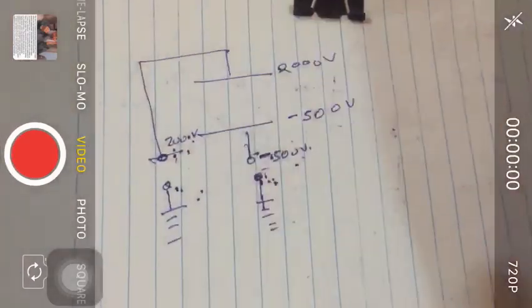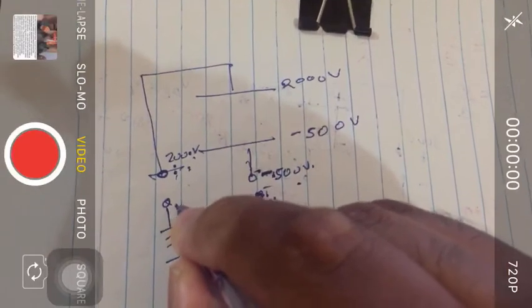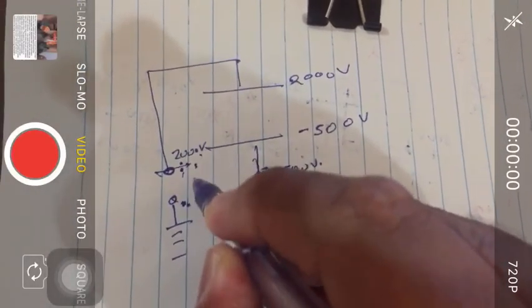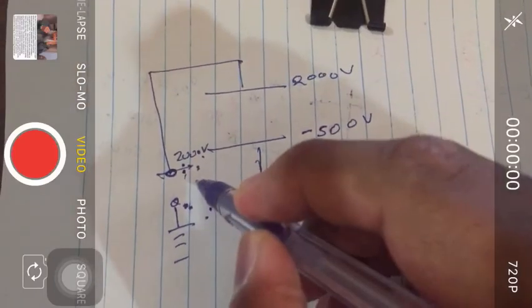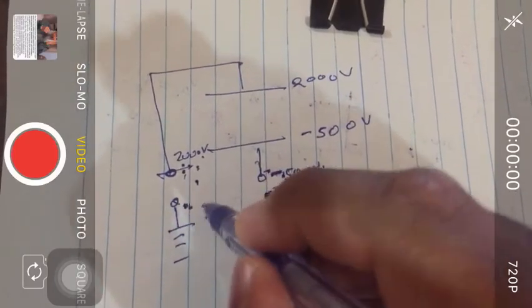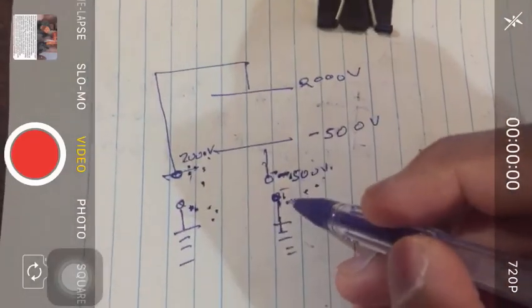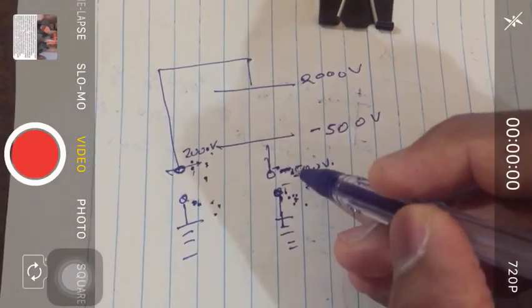Let me say it again. When 1 coulomb of charge needs to go from here to here, it needs 2000 joules, so we have to give it 2000 joules. Now here the charge would give you back 500 joules when it goes from here to here.